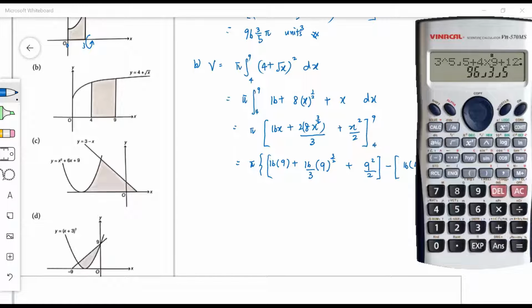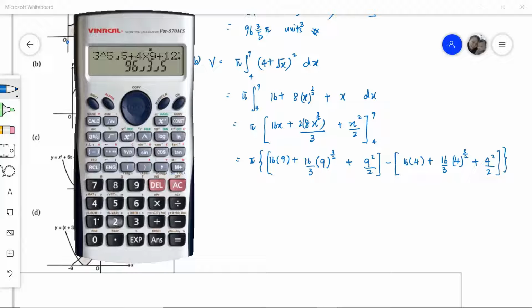So with this, I will key in the integrated expression: 16x plus 16 over 3 times x to the power of 3 over 2, and then plus x squared over 2.